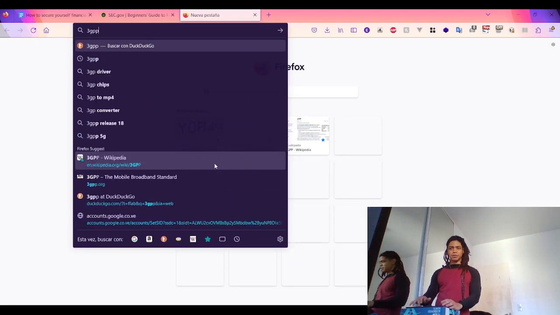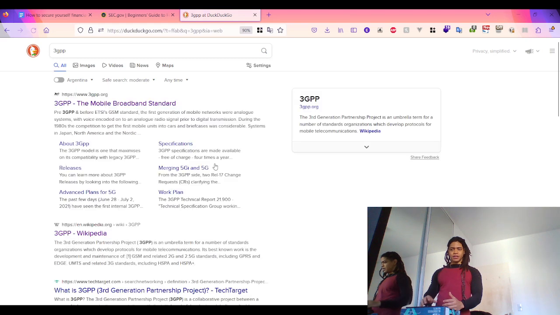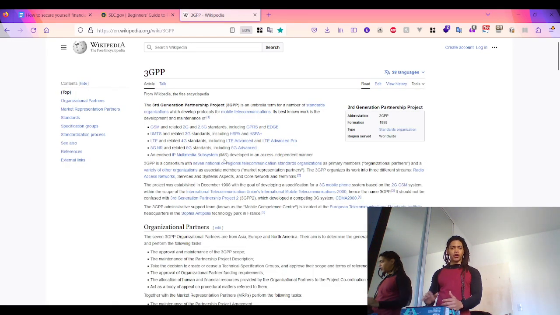The 3GPP, the Third Generation Partnership Project, is an umbrella term for a number of standards organizations which develop and maintain protocols for mobile telecommunications. And this is an issue that most companies face.